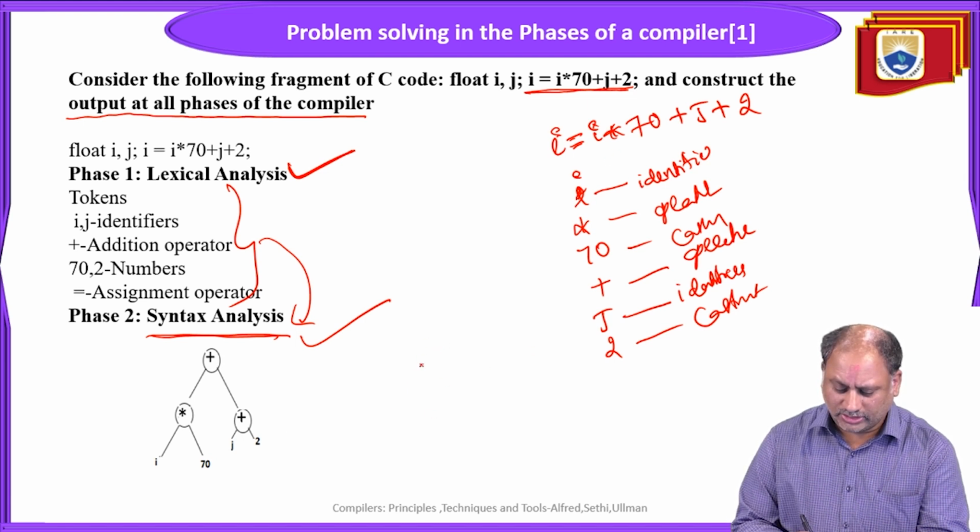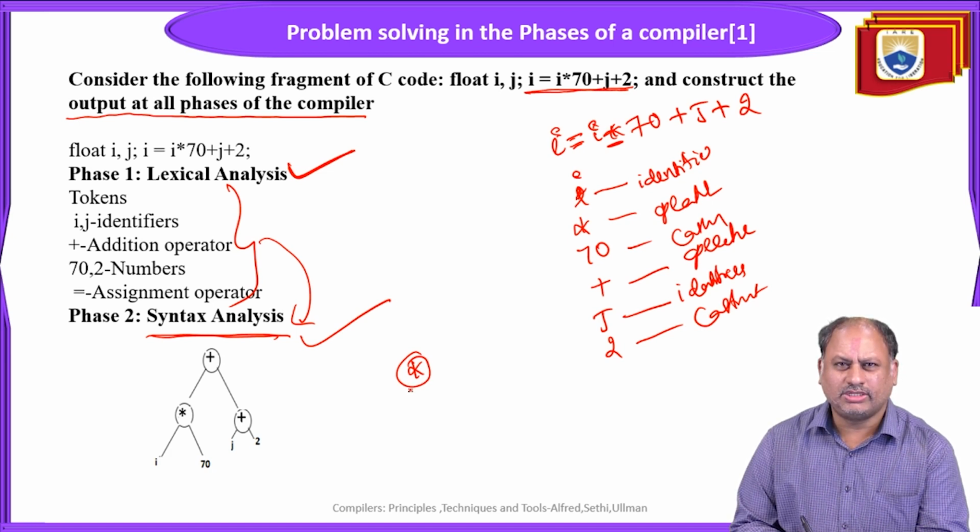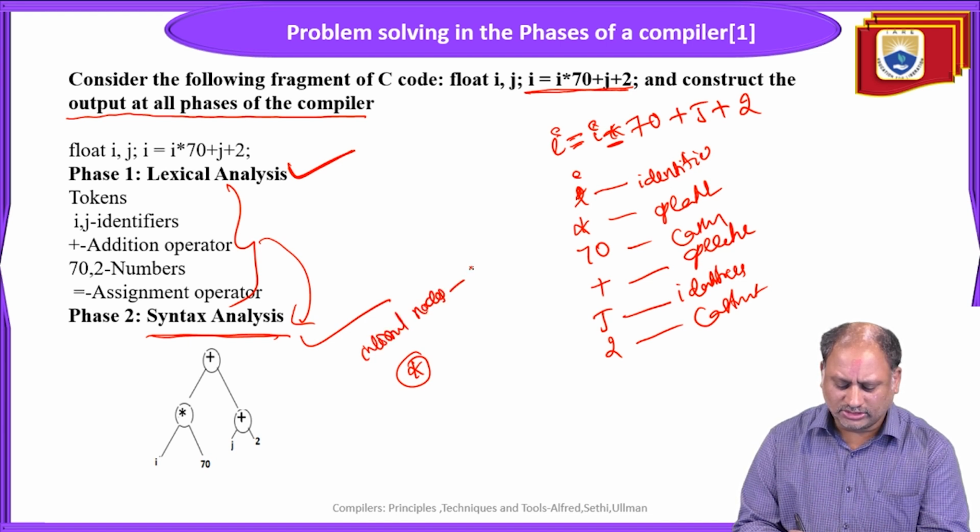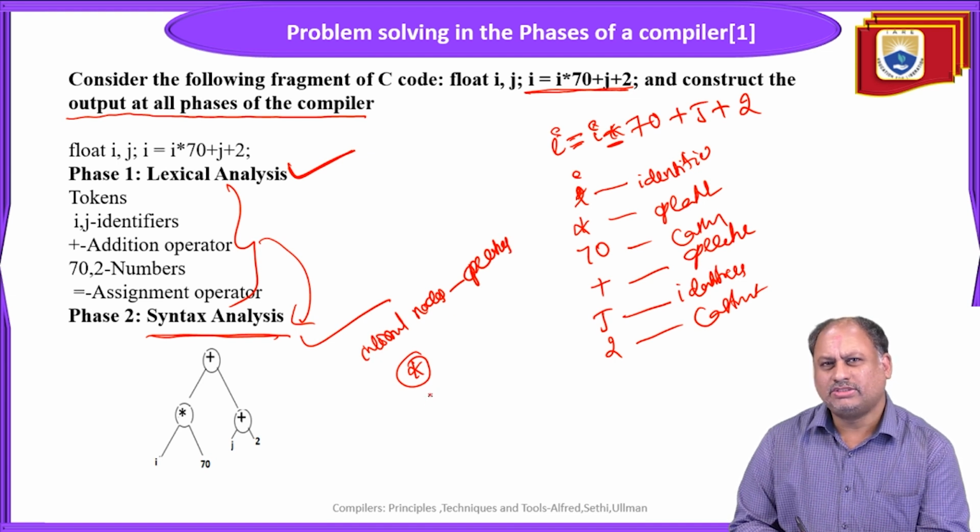Consider i * 70. Star is an operator, so we write star as the operator. In constructing the parse tree, the observation is that internal nodes are operators, and the leaves are identifiers, the tokens that represent the information.